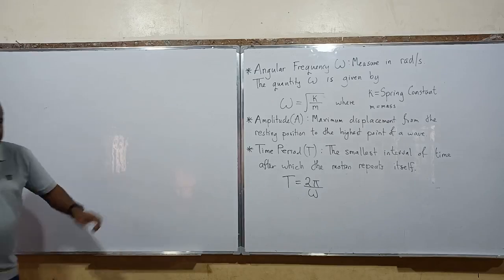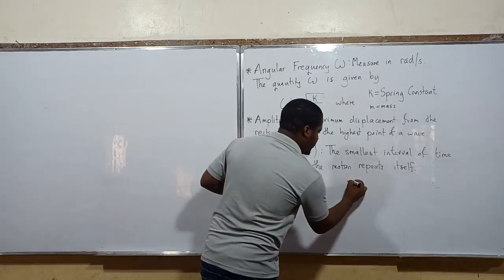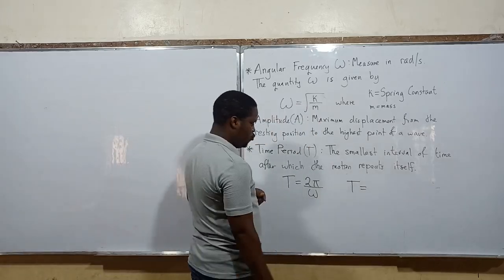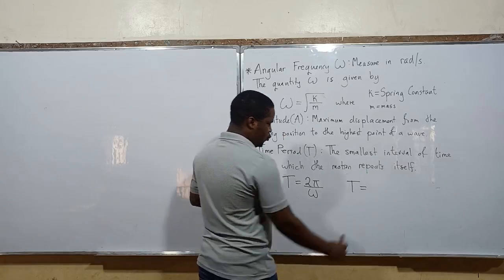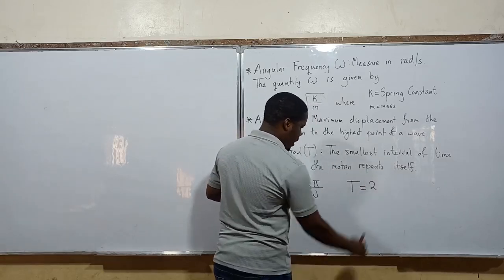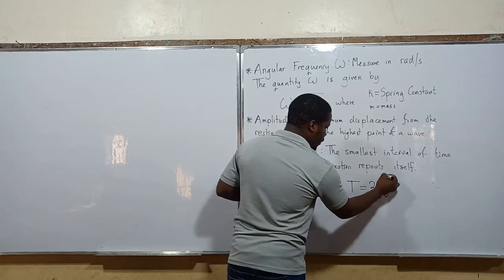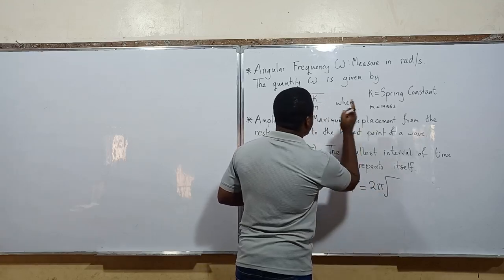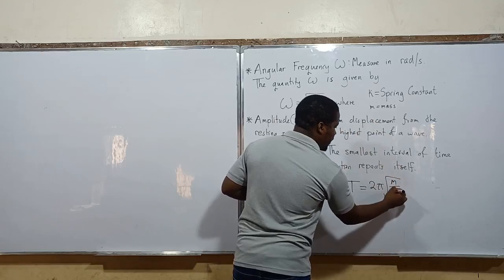Meaning that if this is the case, period is equal to 2 pi times the square root of m over k.